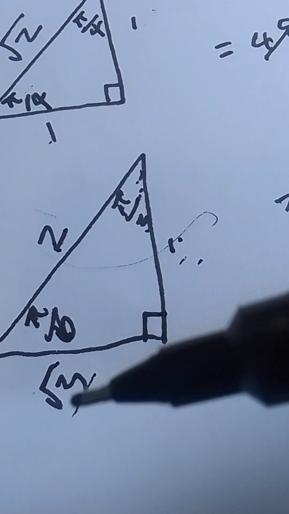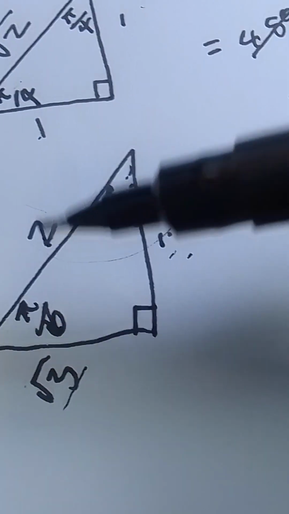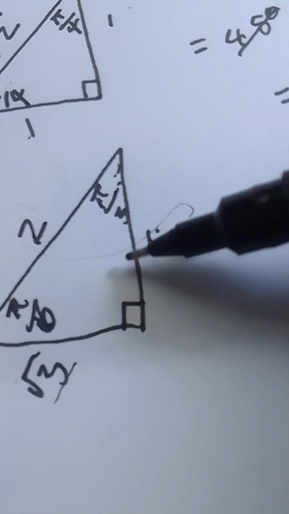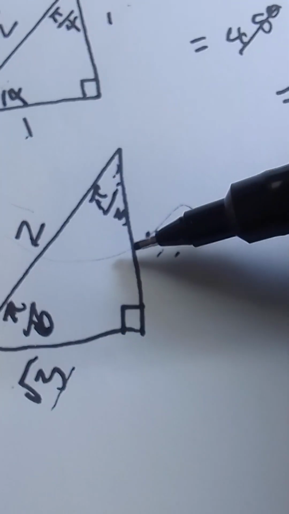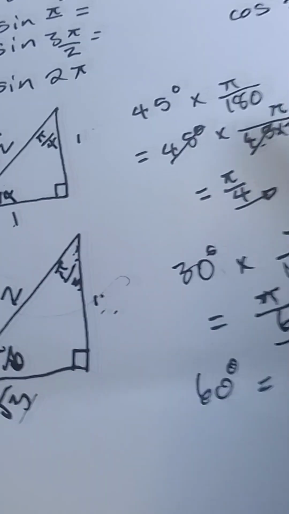The larger number is square root of 3. And then you divide by 2. Then for cos, the adjacent side has to be the smaller number between this and this. You just imagine it like that.